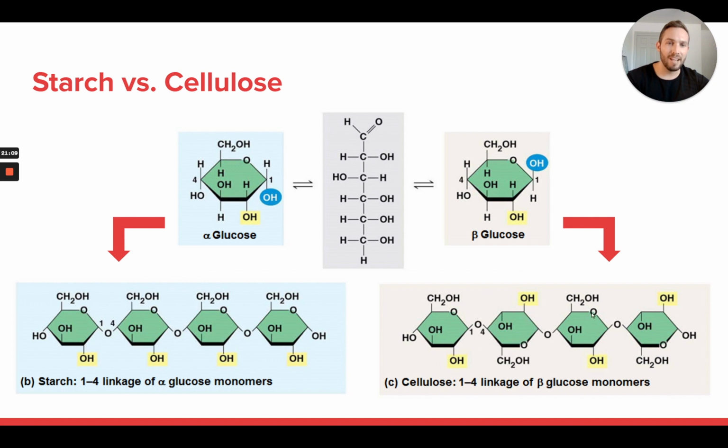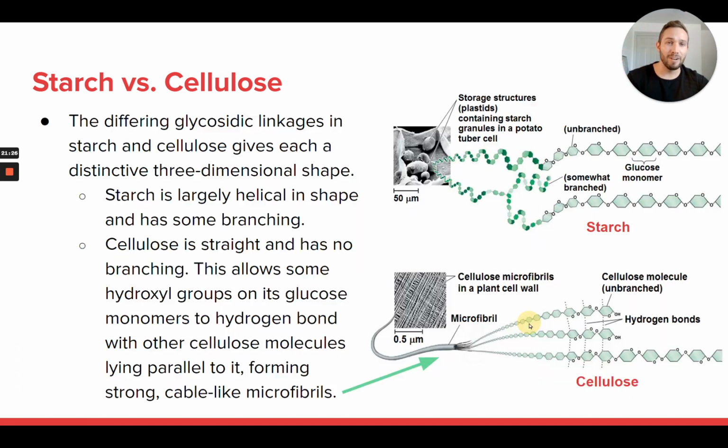You can kind of see it's an up, down pattern. And because starch and cellulose use different versions of glucose and have a different arrangement of glycosidic linkages, that gives them two completely different three-dimensional structures.